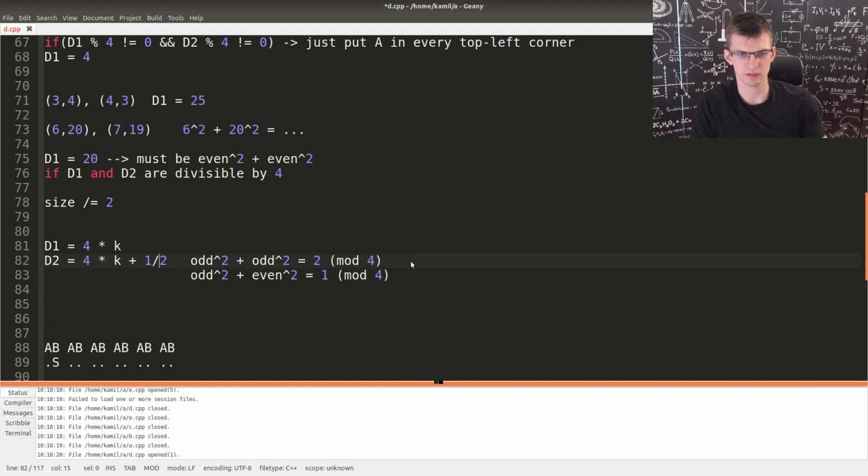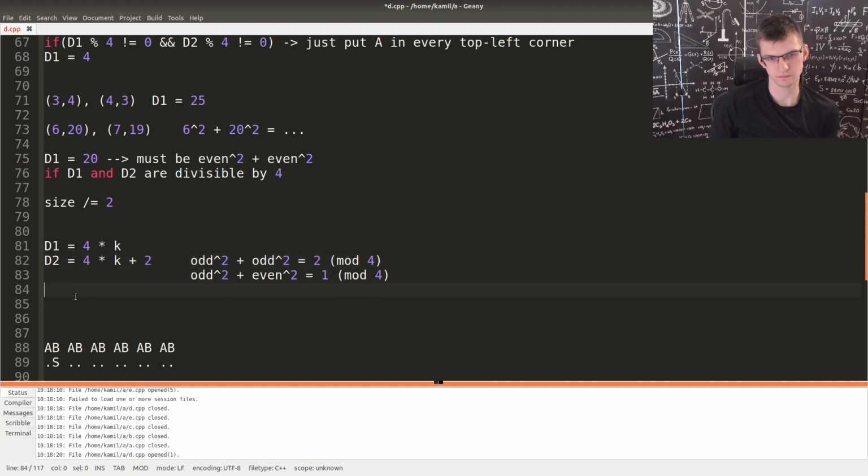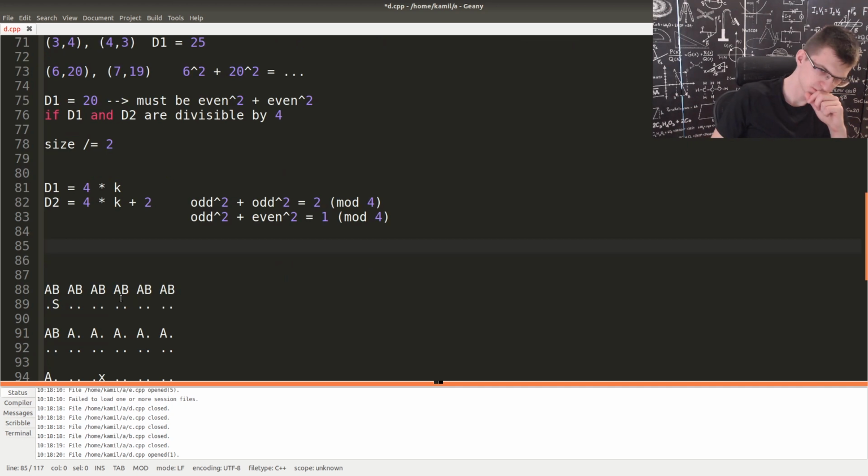Let's consider this case. For example, it can be 2. Then 2 points are safe if their x distance is even and their y distance is odd.